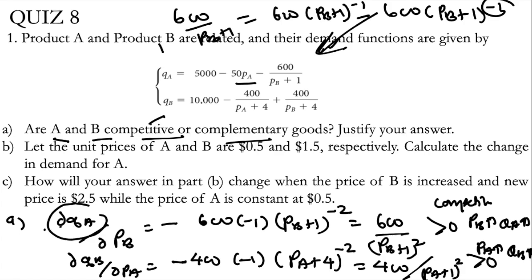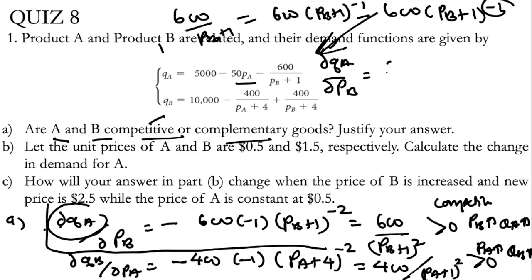Delta means change, QA means quantity of A, demand for A. It is not the change in price of B, and not the change in quantity of B. It is asking you about A. So we only look at the first differentiation that we have done. We know that delta QA over delta PB is given by 600 over PB plus 1 squared, isn't it?